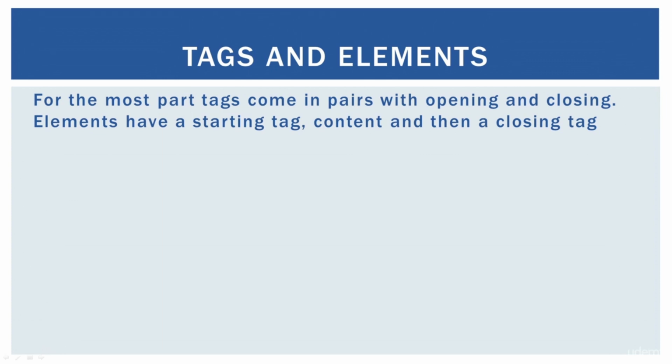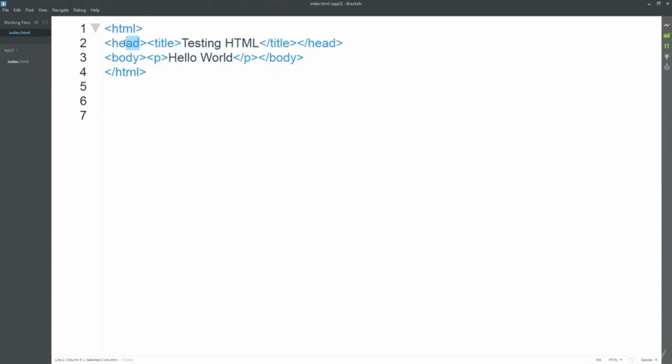In this lesson, we're going to be looking at tags and elements, definitions of tags and elements, and we're going to dive deeper into our web page, our HTML document that we are creating. So essentially, we looked previously, we saw that we've got a number of different tags, and when we've got an opening and a closing tag, all together, this is what's known as an element.